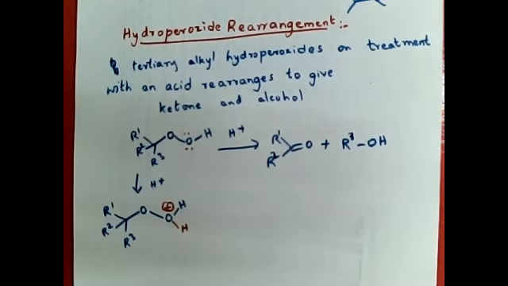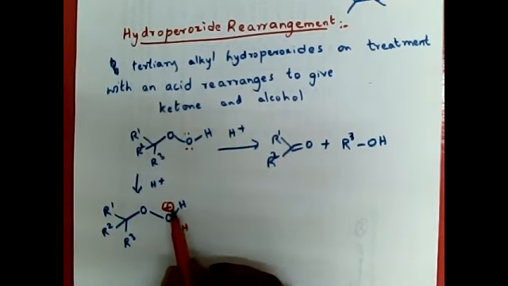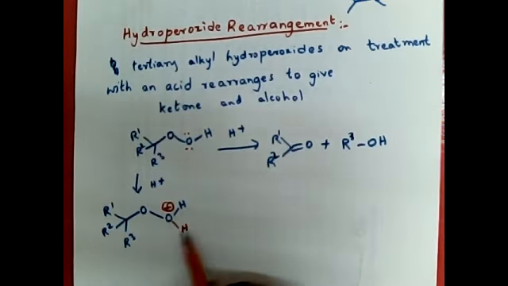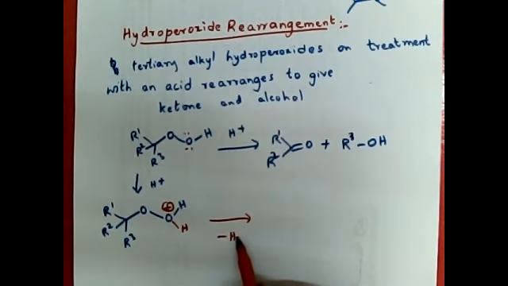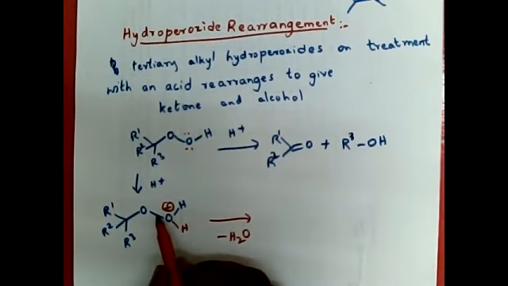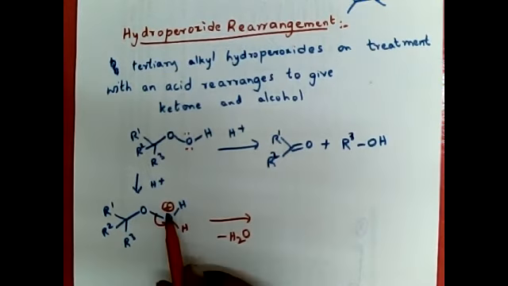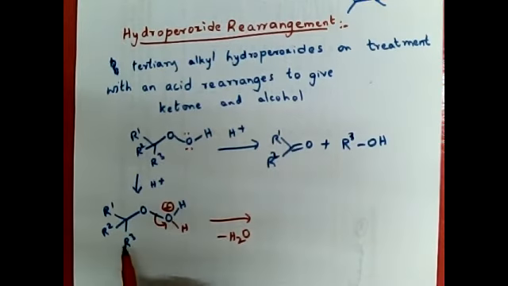So this oxygen is protonated in the first step. Then it becomes H2O plus. Of course, H2O plus is a leaving group. This will be leaving with the bond pair of electrons because oxygen is bearing positive charge.